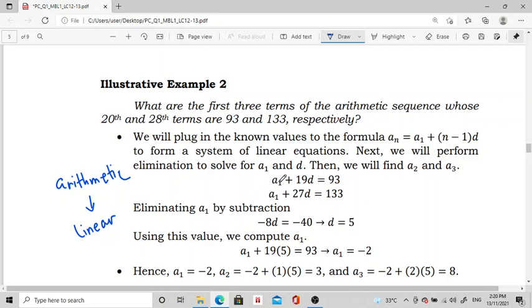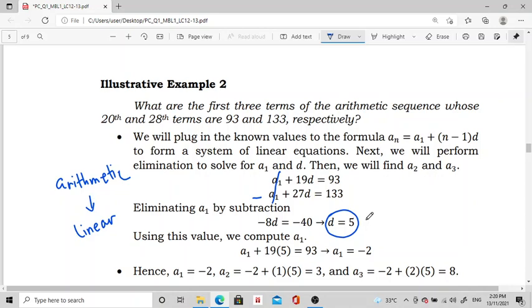At pag ginawa natin yon, mai-eliminate si A1. While here, we will obtain negative 8 times D. For this part naman, 93 minus 133, we'll get negative 40. So dividing both sides by negative 8, we get our common difference, which is 5.